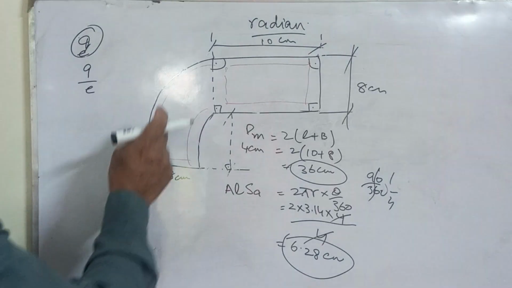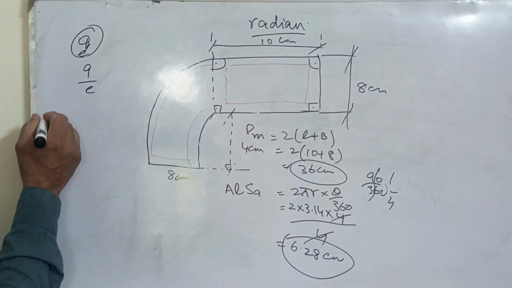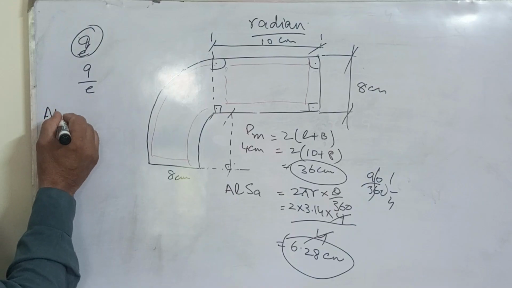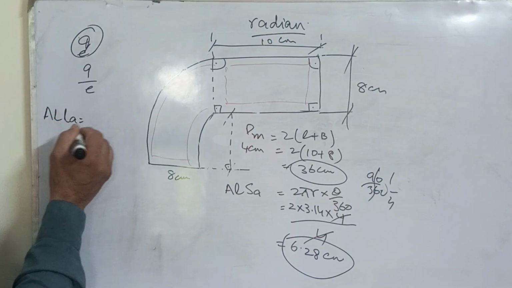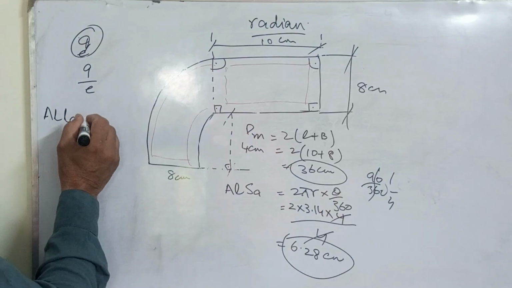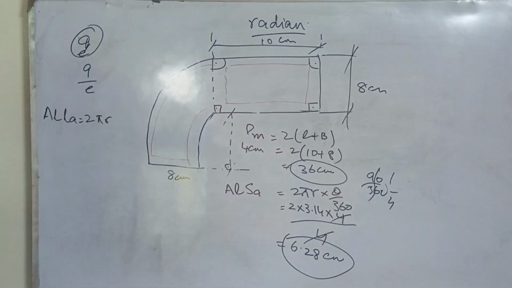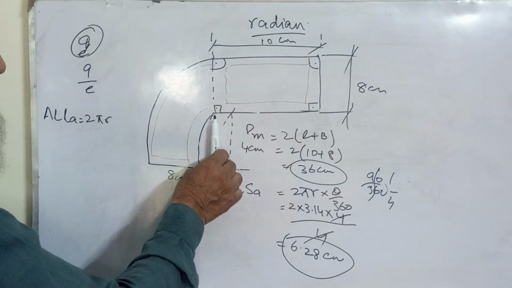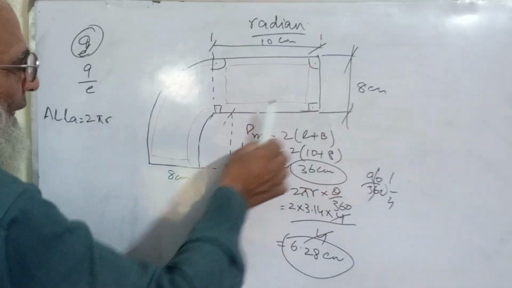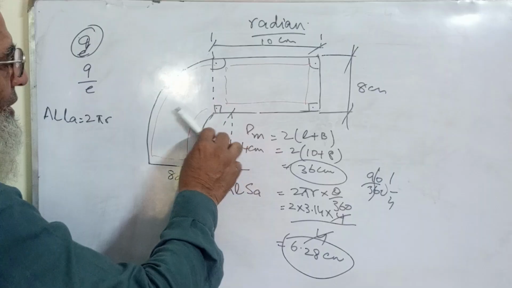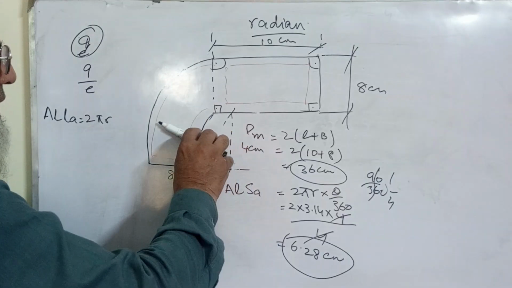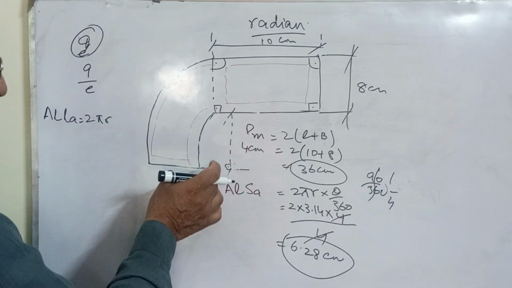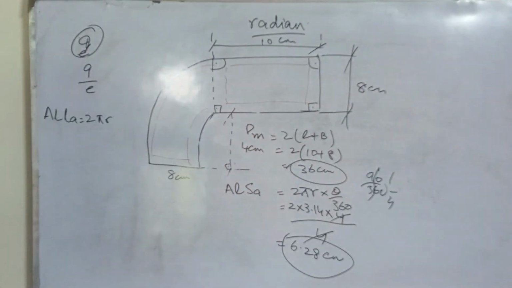Now the larger arc. The arc length of the larger arc, the same formula will apply, 2 pi r. Now you see that this and this constitute, we will add 8 in this radius. So 8 will be added to the radius. So it will become in total 8 plus 4, 12.